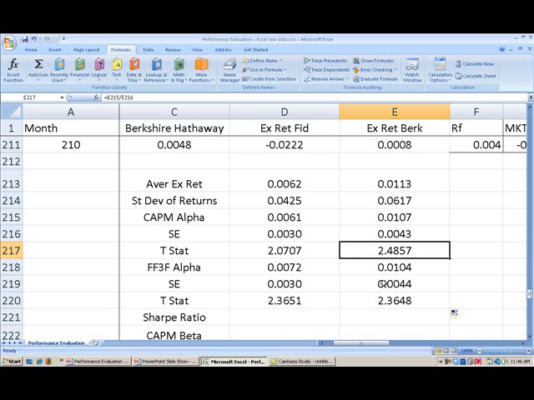Now let's calculate the Sharpe ratios. The Sharpe ratio is the average excess returns on the fund divided by the standard deviation of the returns on the fund. We have these calculations already. We have the average excess returns here and the standard deviation of the returns.